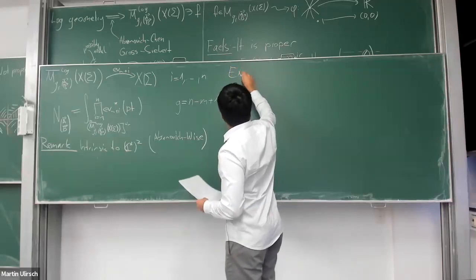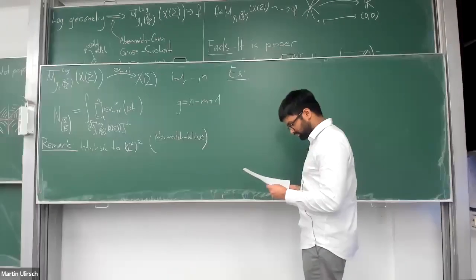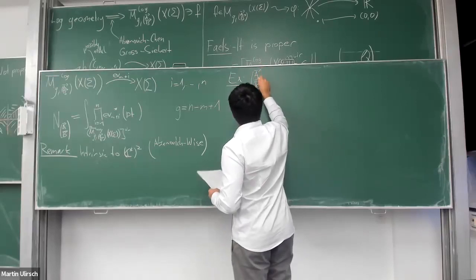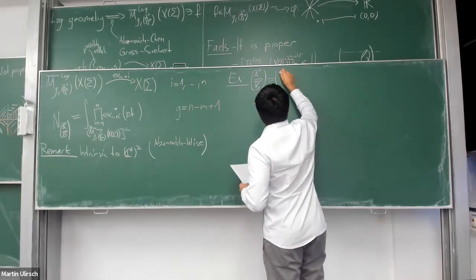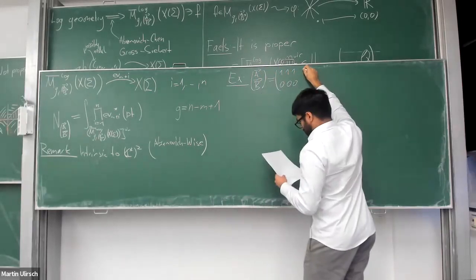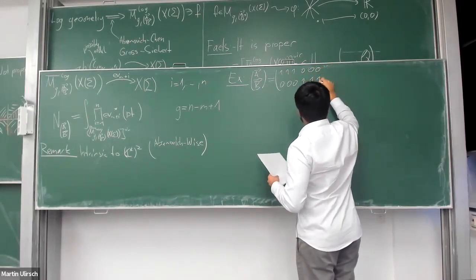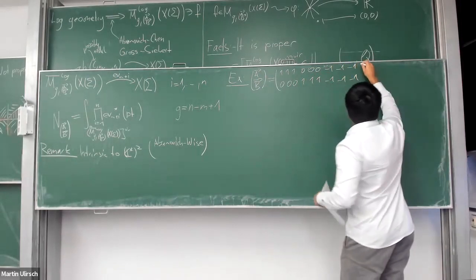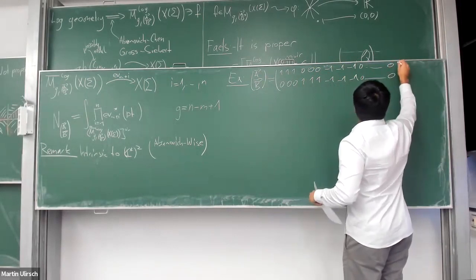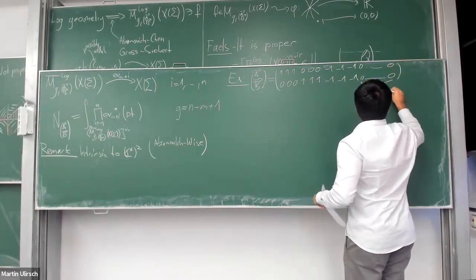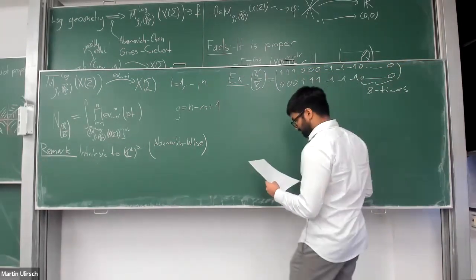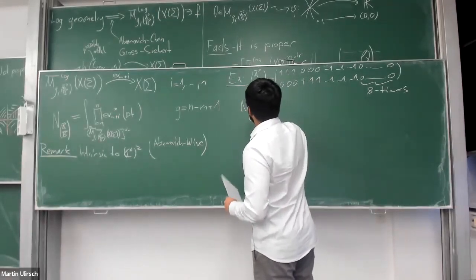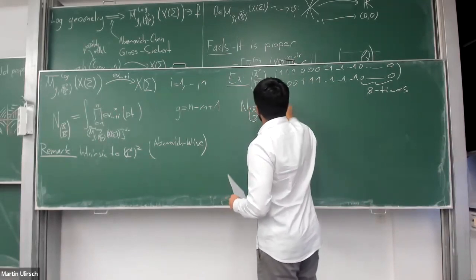Example. Yeah, so the example is, in this case, already being considered, I claim the number N_AV is 12.